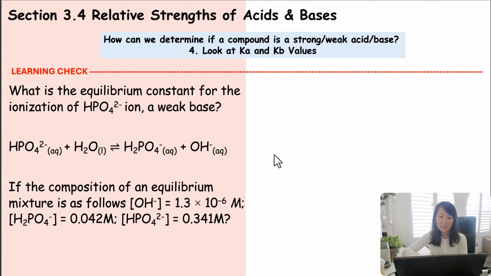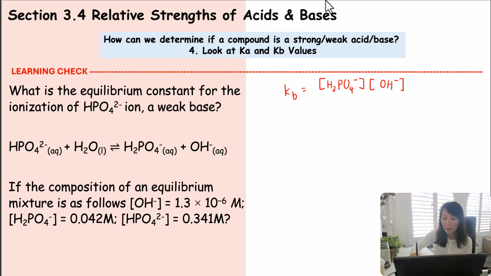So we're going to set this up. Let's see. Kb, we know that Kb is equal to the product multiplied by the other product, which is hydroxide, divided by the reactant. And we ignore the water since water is liquid.